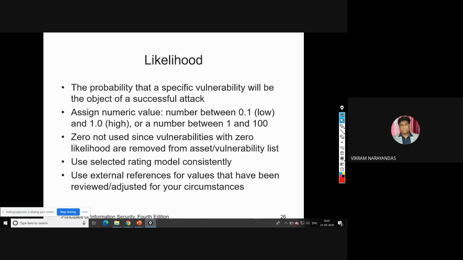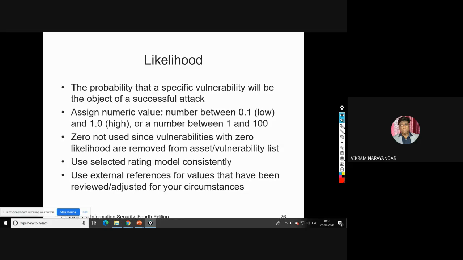One factor is likelihood, the probability that a specific vulnerability will be the object of a successful attack. You can assign numeric values between 0.1 (low) and 1.0 (high), or between 1 and 100. Zero is not used, since vulnerabilities with 0 likelihood are removed from the asset or vulnerability list.